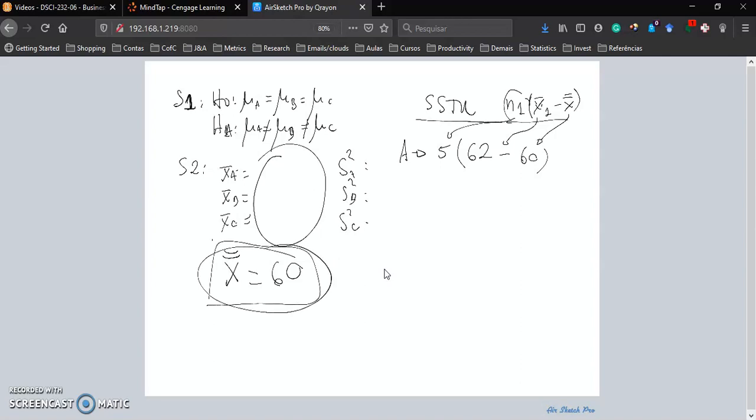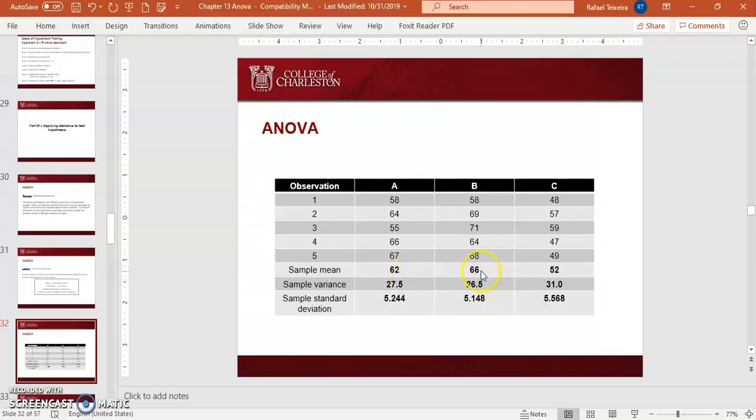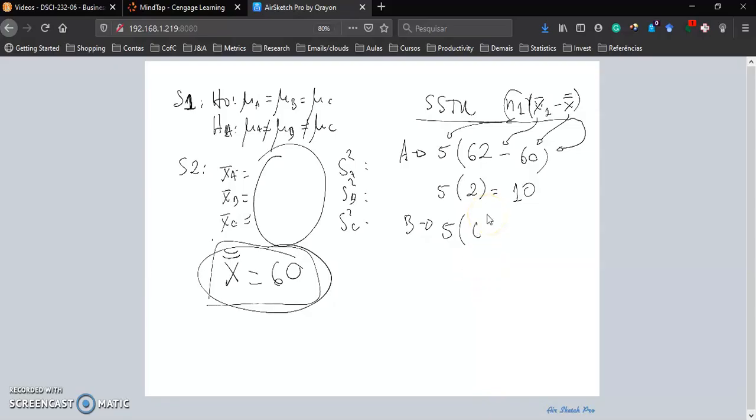Okay, so I implemented this for the first group. It's going to be 5 multiplied by 2 squared, which is 20. Then for group B, I also have 5 observations. The mean for group B is 66, minus 60.